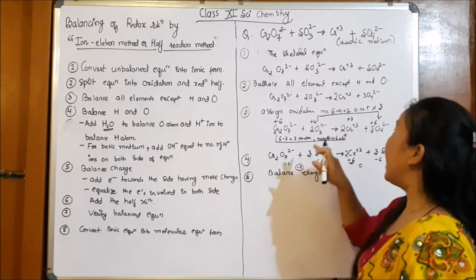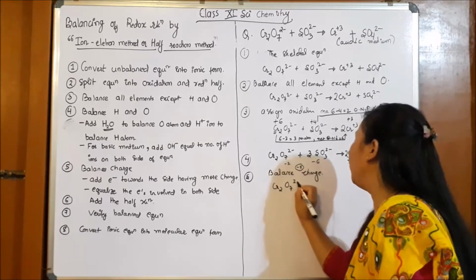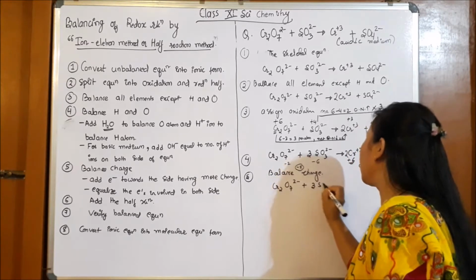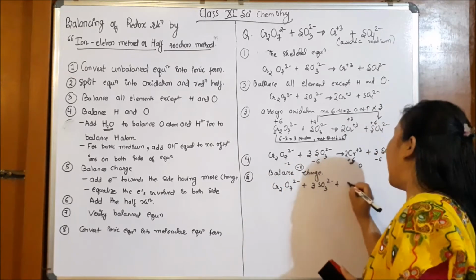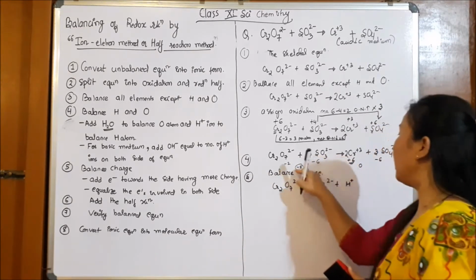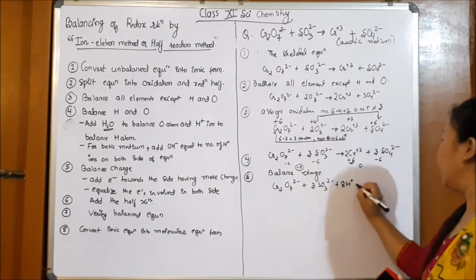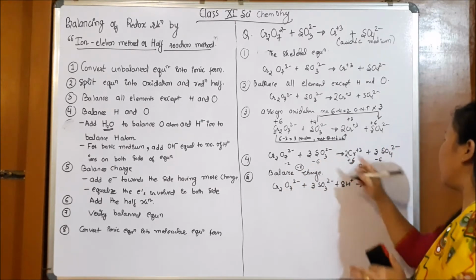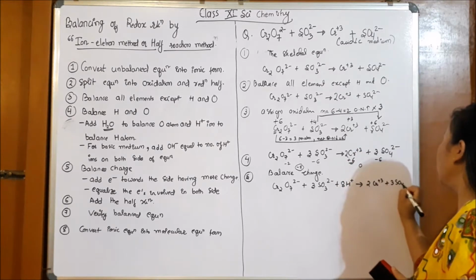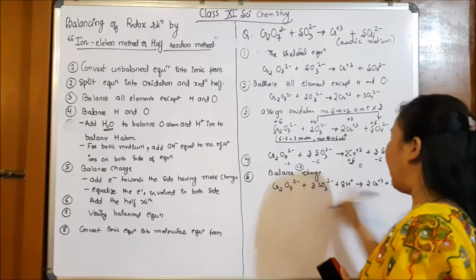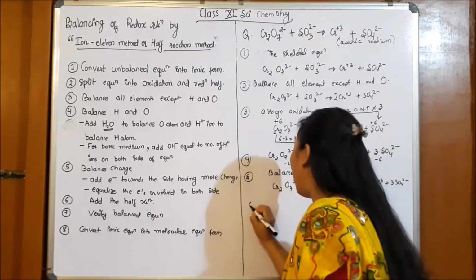So you need to add 8 H plus ions on the reactant side: Cr2O7 2 minus plus 3SO3 2 minus. The right hand side remains the same. Now after balancing the charge you need to balance hydrogen and oxygen.